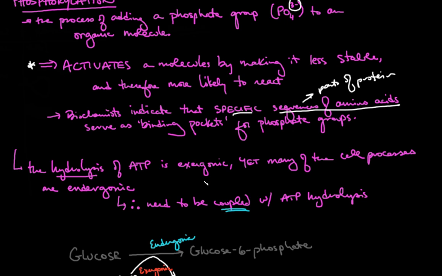If you understand this well, you understand that ATP hydrolysis and your cell processes are coupled processes. In order for those cell processes to work efficiently and in a timely manner, the ATP needs to be hydrolyzed, and then that energy is captured by the cell processes. So they are coupled. They have to work together.